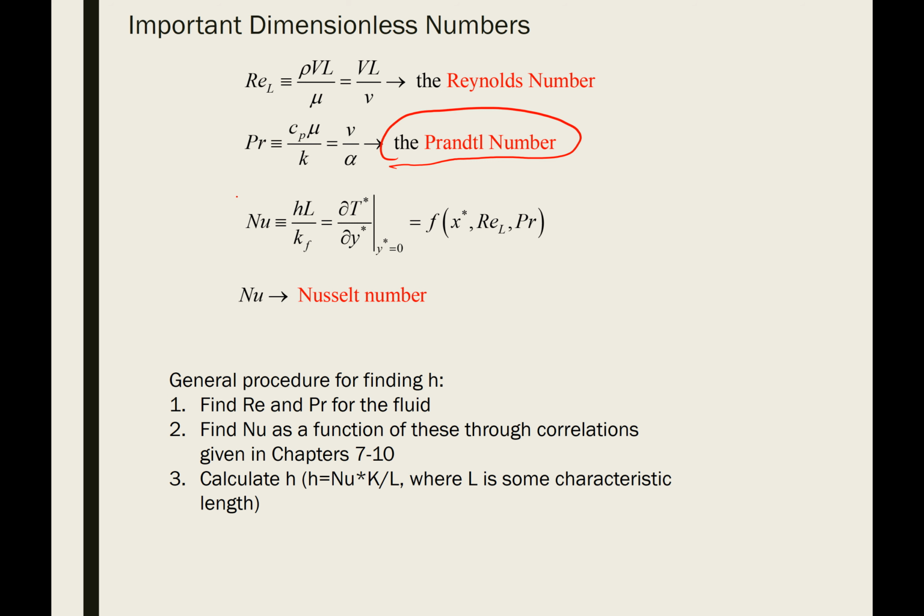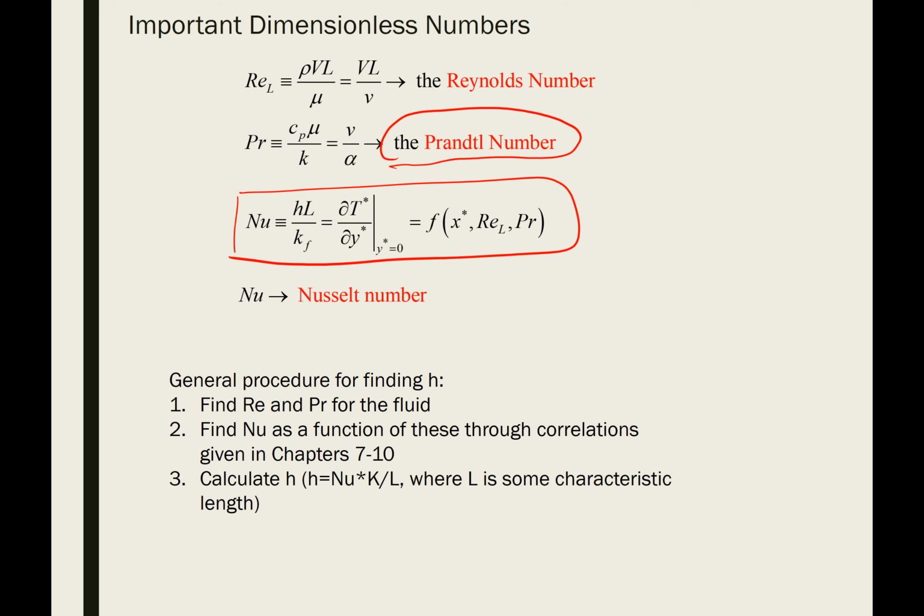Typically, the Nusselt number is basically a dimensionless heat transfer coefficient. So people will do experiments, and they'll try to figure out what specific velocities and geometric configurations lead to a certain heat transfer coefficient. They want their experiments to be fairly ubiquitous and to apply to a general case of any fluid.